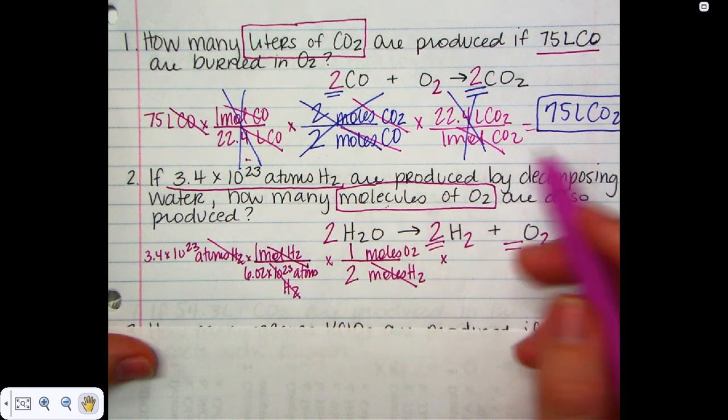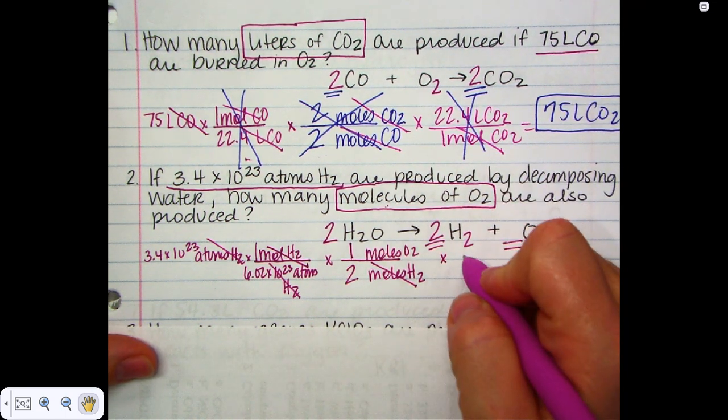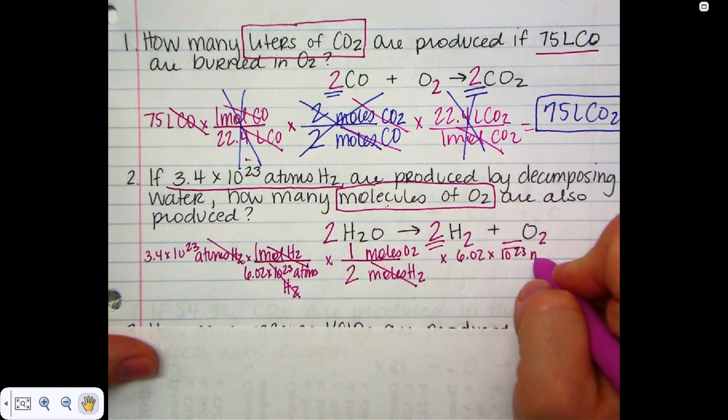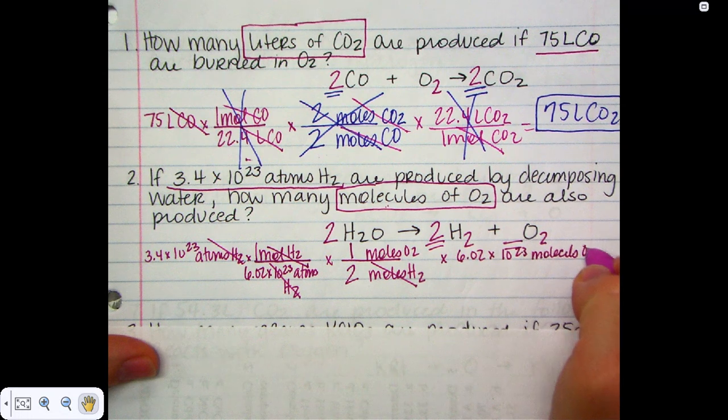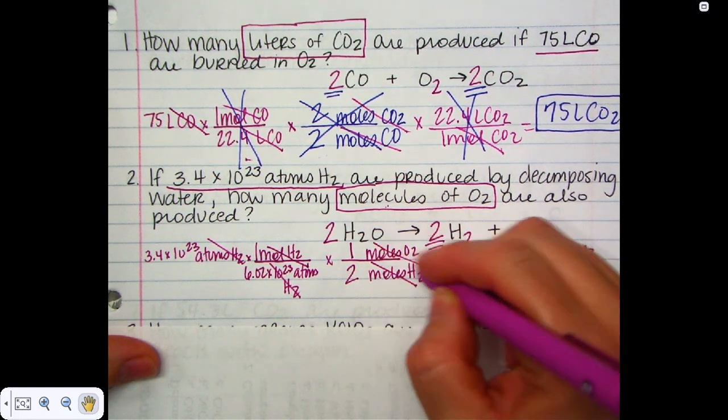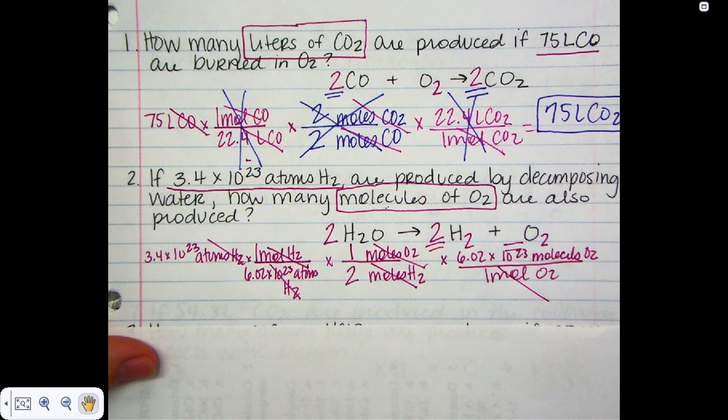The question wants my answer in molecules. So I'm going to convert to molecules. 6.02 times 10 to the 23rd molecules O2 over 1 mole O2. Moles cancel. It's going to leave me in molecules. Okay? So in terms of making my math easier, again, be observant.